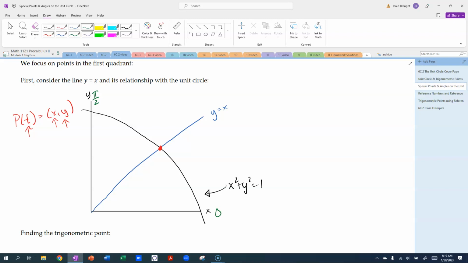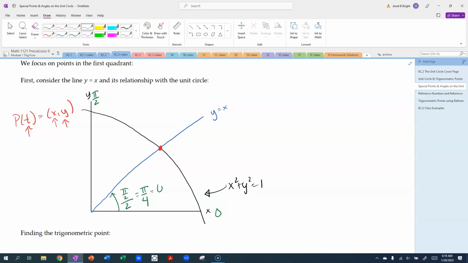The question is how far we will have gone in radians to get to this line. This line bisects, that means splits in half, so this would be pi over 2 divided by 2, and with a little bit of algebra it comes out to pi over 4.